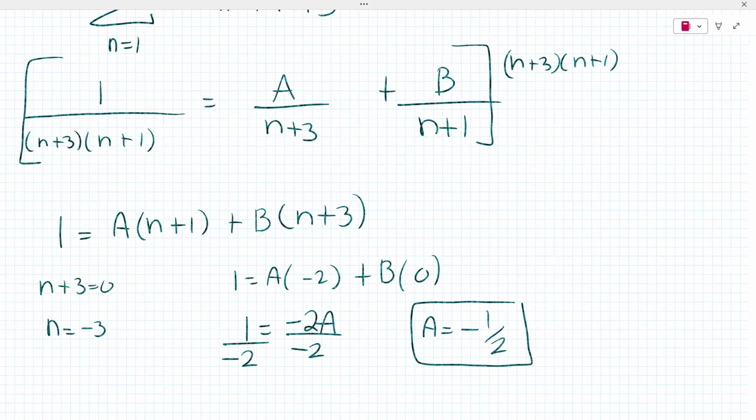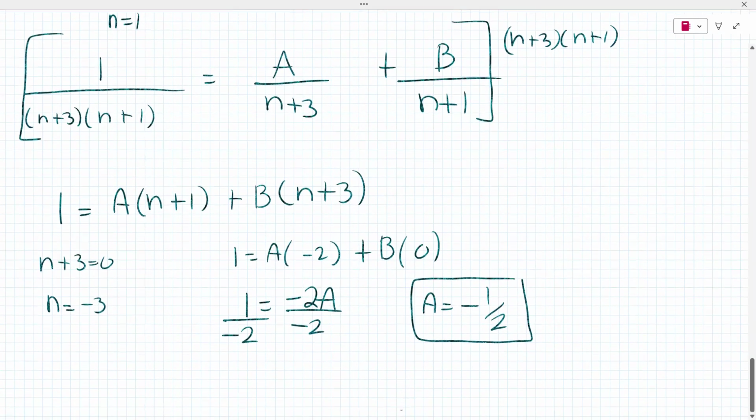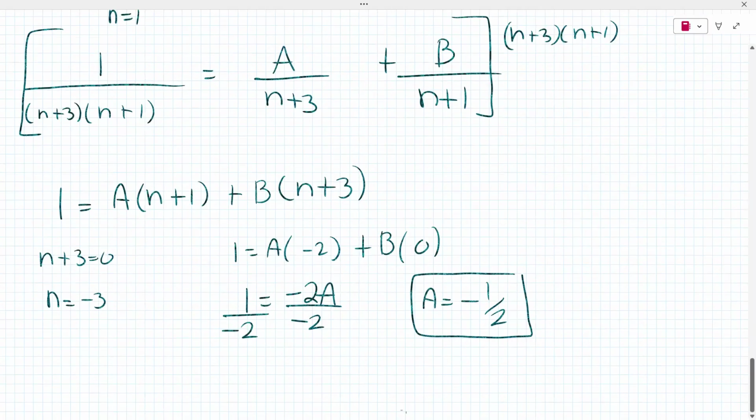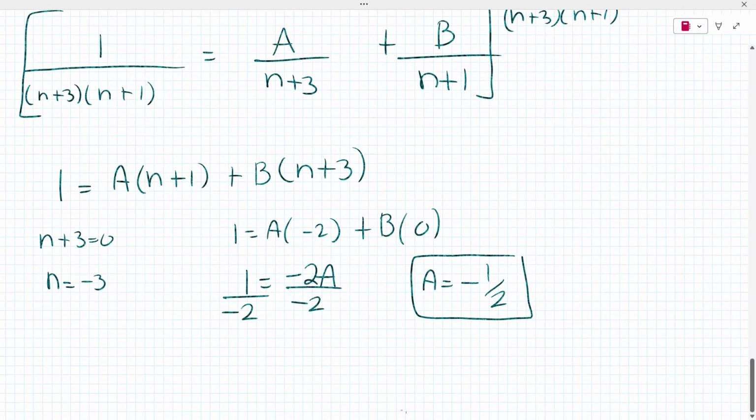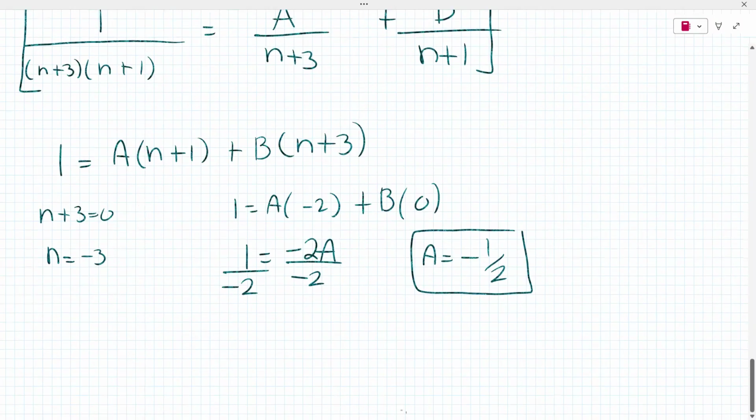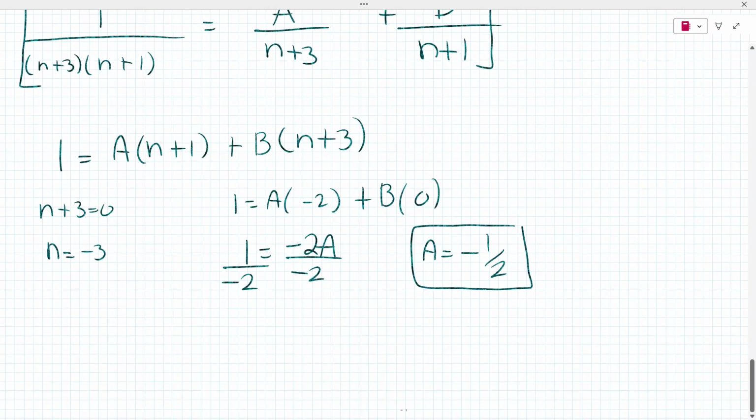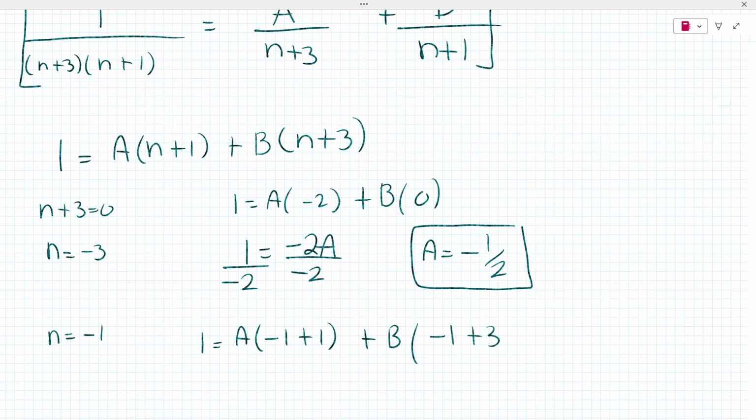Okay. Now we have to find what our b is. I'm going to do the same process, but now I'm going to set n equals -1, because that'll get rid of my a and let me solve for b, right? So 1 equals a times -1 plus 1 plus b times -1 plus 3.